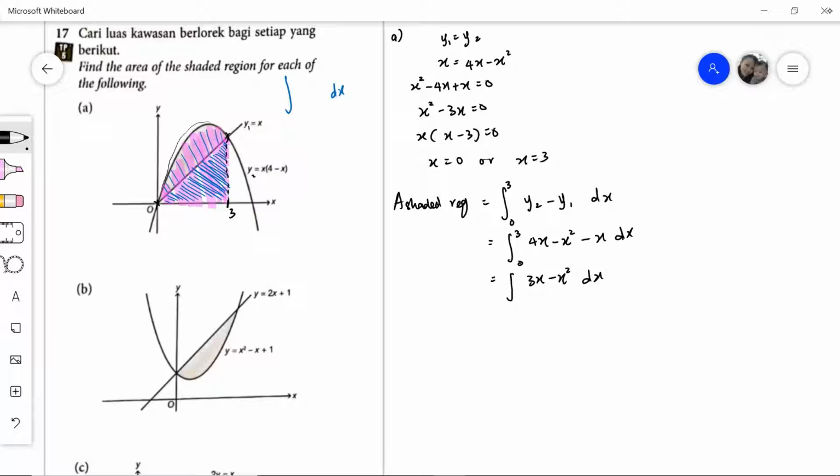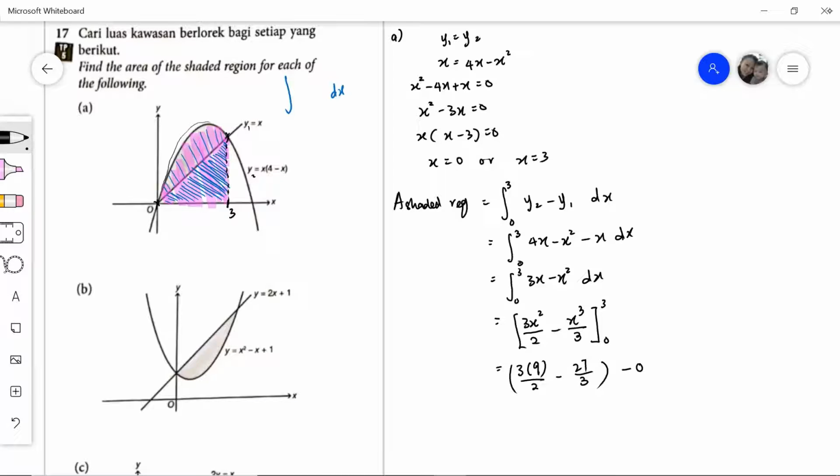Now we integrate with respect to x, so we have 3x squared over 2 minus x cubed over 3, and put in the boundary from 0 to 3. So let's put the 3 in. So 3 times 3 squared, which is 27 over 2, minus 3 to the power of 3, which is 27 over 3. And then minus 0.